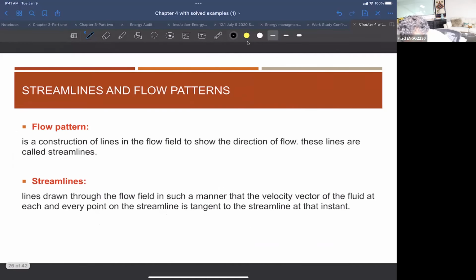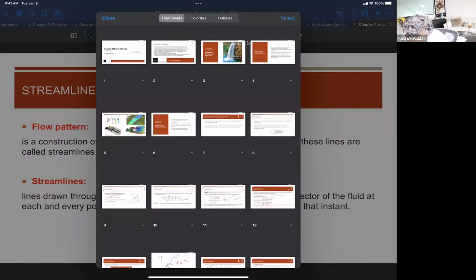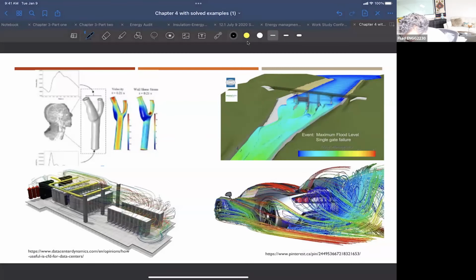Okay, let's get into another definition in this chapter, something called flow pattern, and streamlines and stuff like that. You remember these kinds of drawings with those lines, right? Those lines are streamlines.